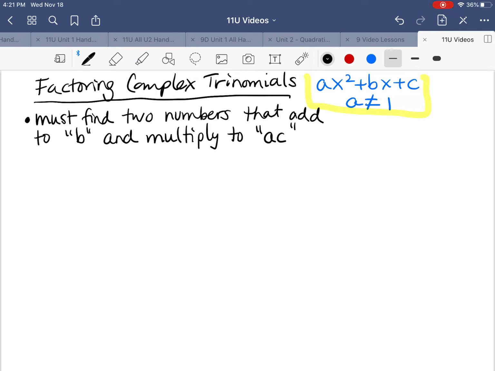So this is where it's a bit different than these simple trinomials. And then what we're going to do is use these terms to split up our bx term, and then we're going to factor by grouping. So lots of things going on here.